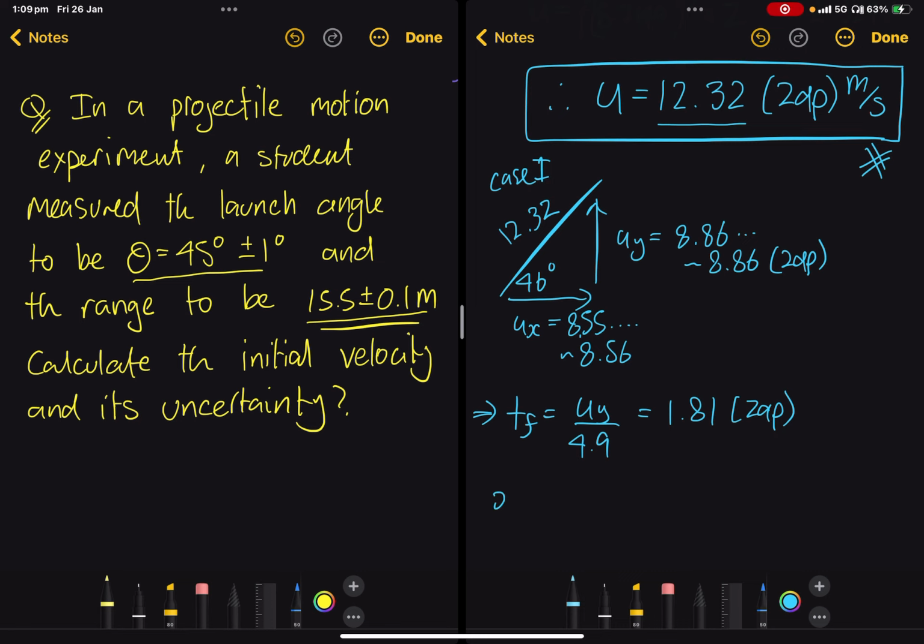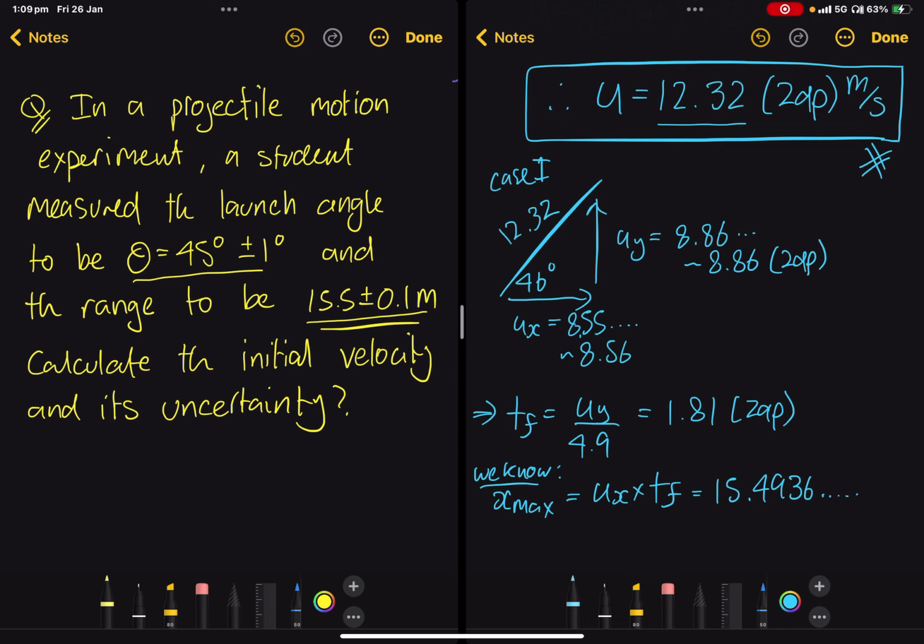And we know that the x max is equal to the initial velocity in x multiplied by the time of flight. The initial velocity in x is 8.56, so 8.56 multiplied by 1.81 gives me 15.4936. So the distance the object will travel in the case where the launch angle was 46 degrees is 15.4936 meters.